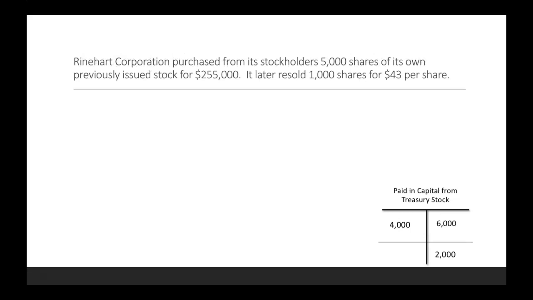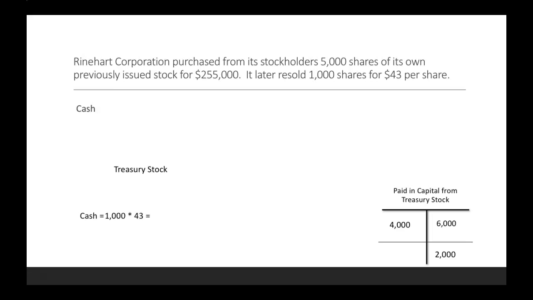Now, our last problem here. We sold 1,000 shares for $43 per share. We still received cash and we still sold treasury stock. So we will debit our cash and credit treasury stock.